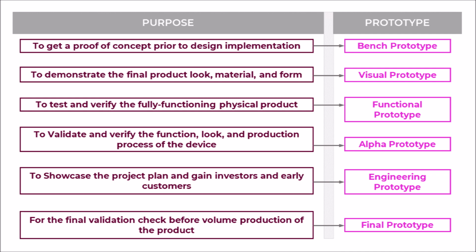To test and verify the fully functioning physical product, you need a functional prototype. To validate and verify the function, look, and production process of the device altogether, an alpha prototype has to be created. To showcase the product plan and gain investors and early customers, you should come up with an engineering prototype.